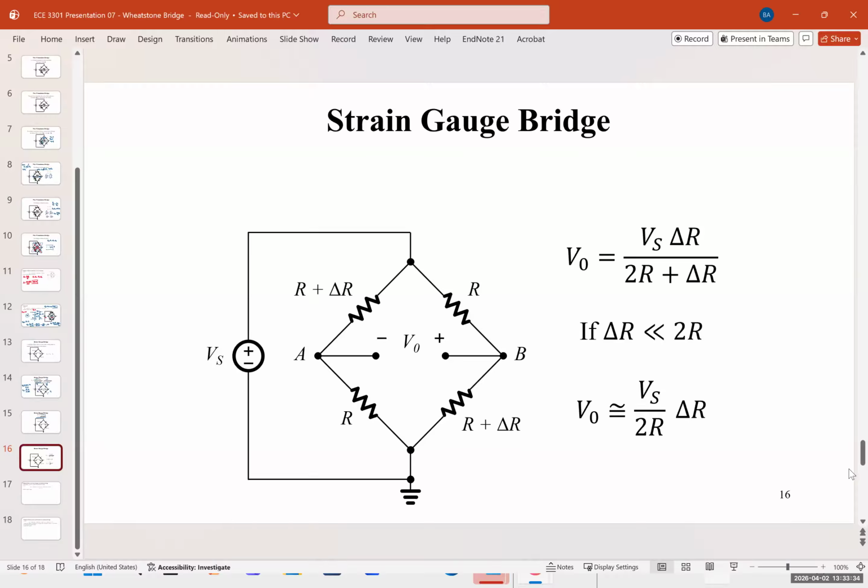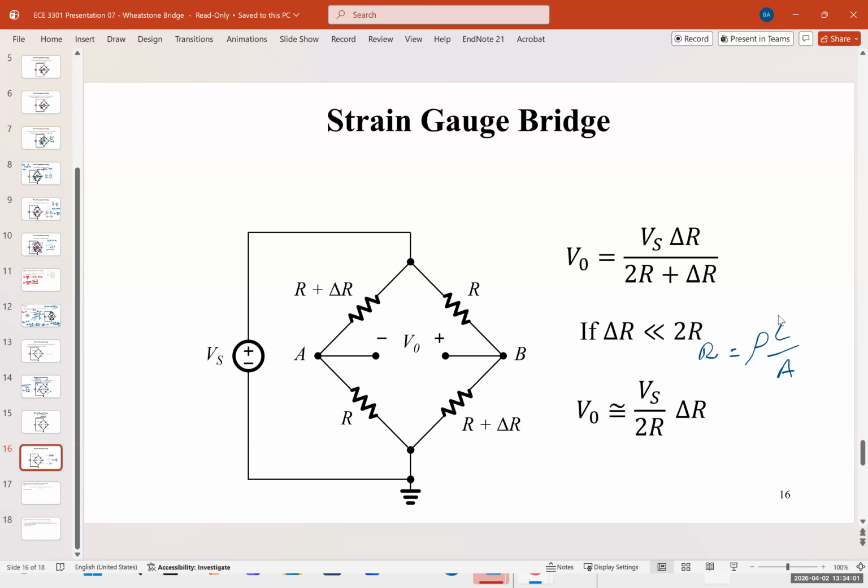And it's usually linear. If you put too much pressure on the strain gauge, it's going to rip apart, and then it becomes nonlinear. But usually it's a linear relation between V out and the changes in delta R, which are the strains.